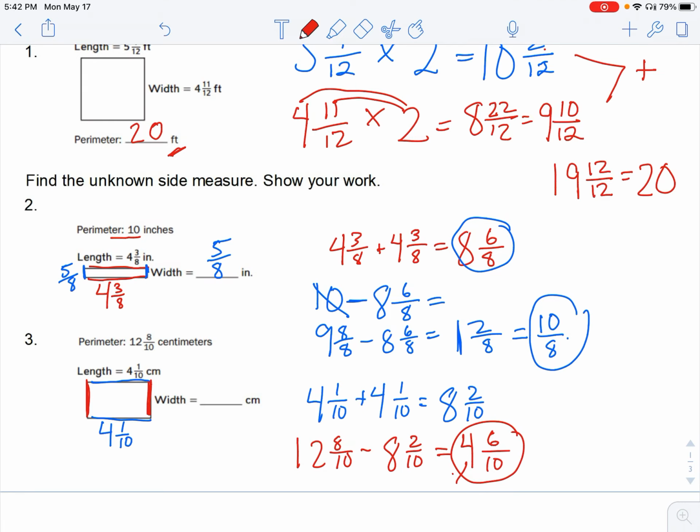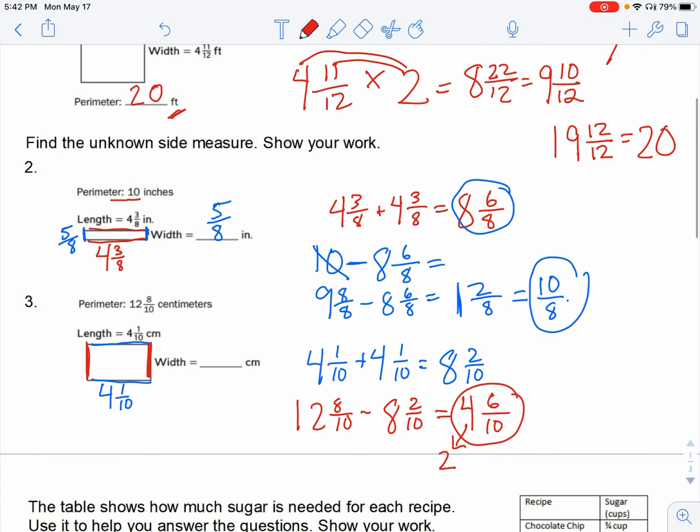Well, I know half of 4 is 2, and half of 6 tenths is 3 tenths. So each of those sides must be 2 and 3 tenths in order for them to add up to 4 and 6 tenths, which was what we needed them to be to get the correct perimeter.